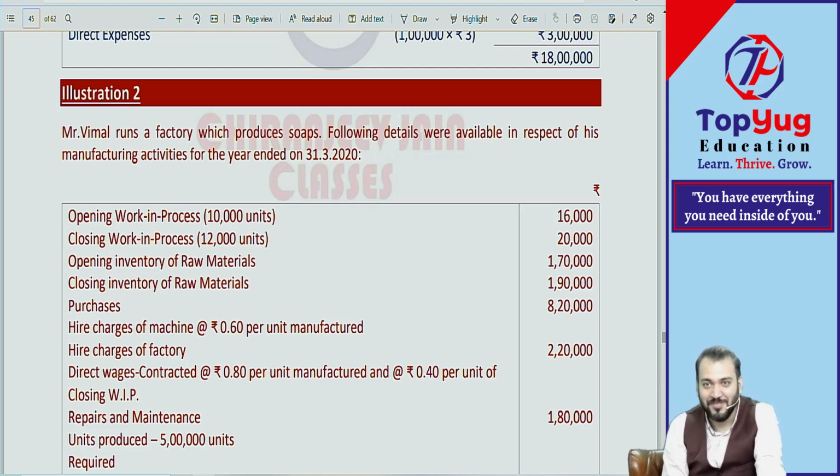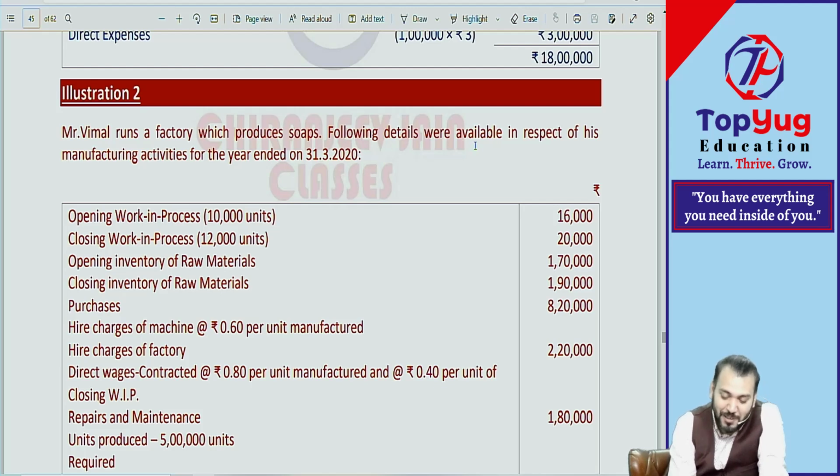Income and expense are match. Income will be matched with expense. Means we will match expense with income, not income with expense. Mr. Vimal runs a factory which produces what? You use soap. Which one? Fragrant.